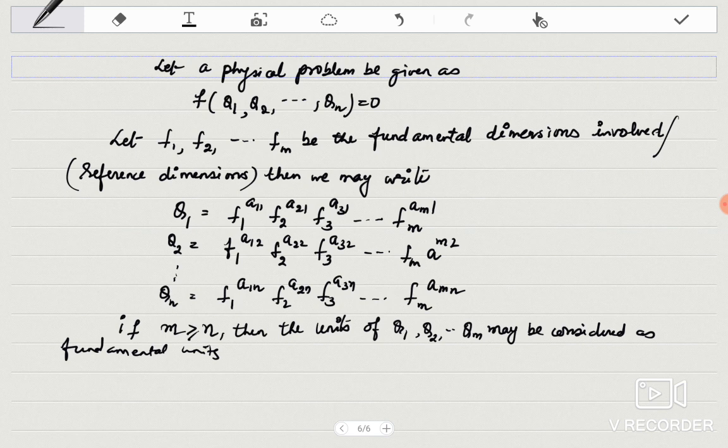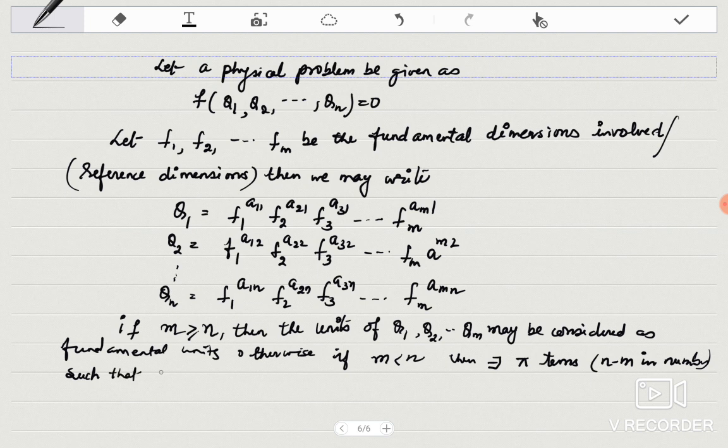Otherwise, if m is less than n, then there exist pi terms, n minus m in number, such that pi is non-dimensional.